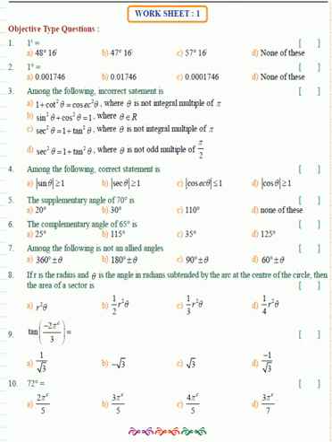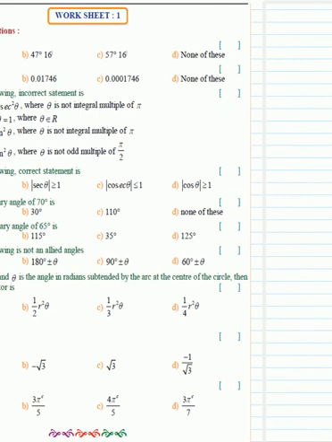Now let us solve this one. So we know that there are three types of measurements for angles. The first one is degrees. So in degrees, a complete angle contains 360 degrees.